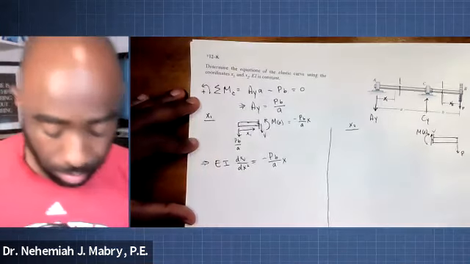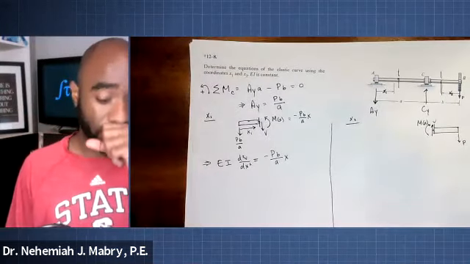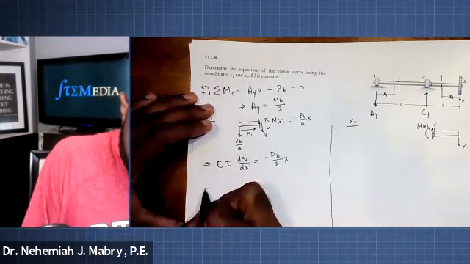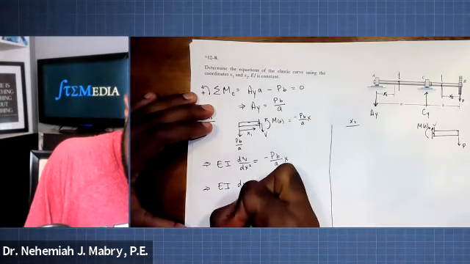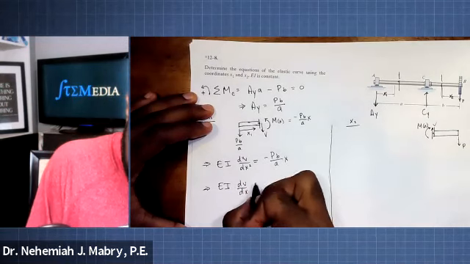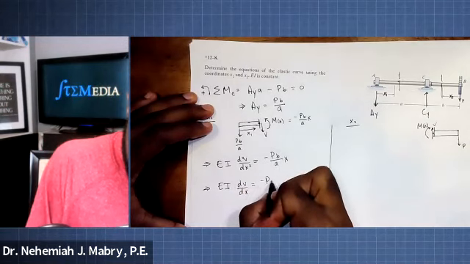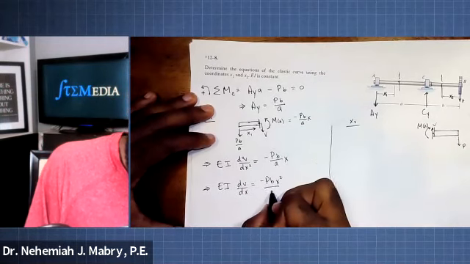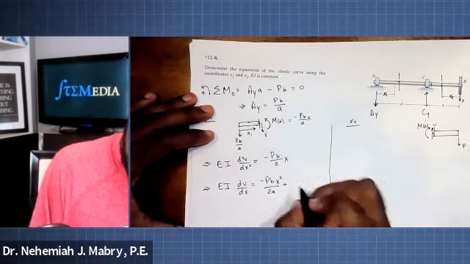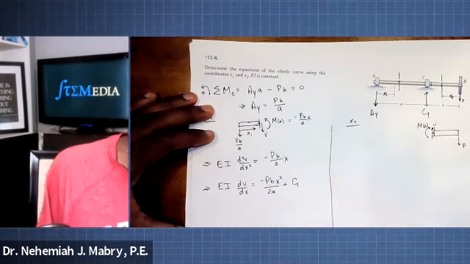What is the antiderivative of that? Well, the antiderivative of that is EI dv dx is equal to negative PB x squared over 2A plus C1.